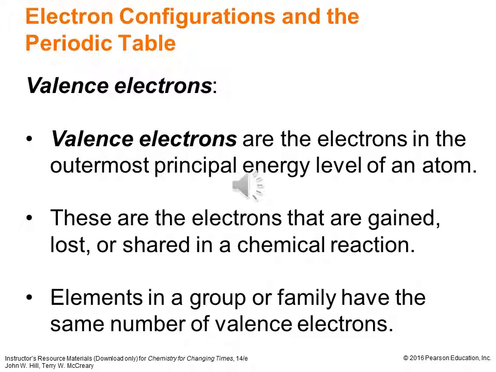And then the elements that are in the middle, like carbon or silicon, in that group 4 in particular, they do a lot of sharing. But group 3 and group 5 can also be involved in sharing, especially as we move down in the periodic table. The elements in a group or a family have the same number of valence electrons, so we expect them to have similar chemistries, but things do differ.